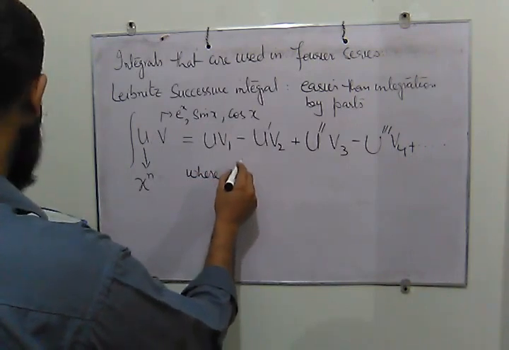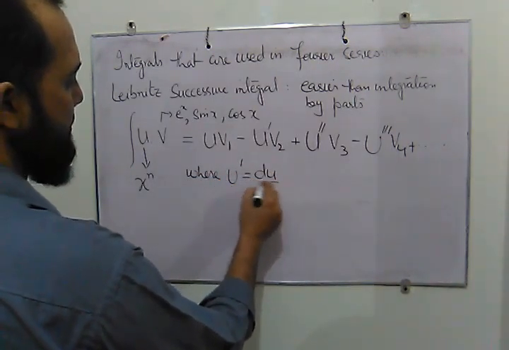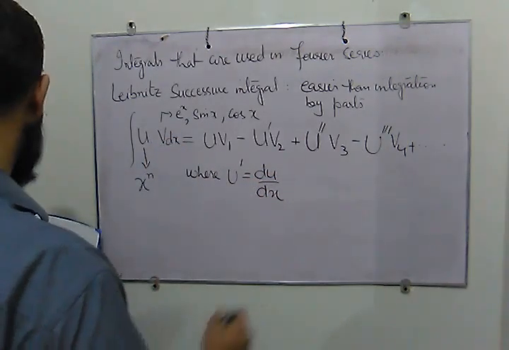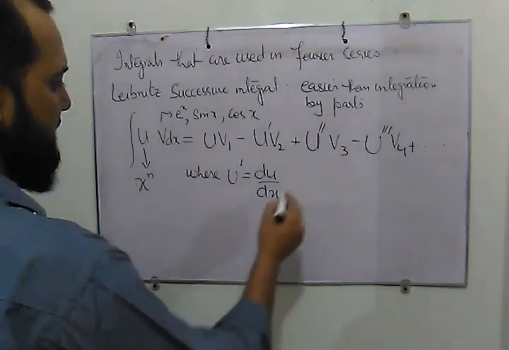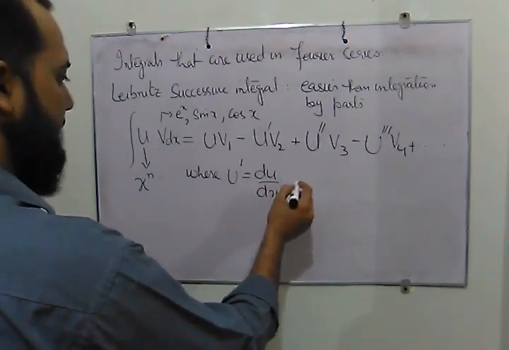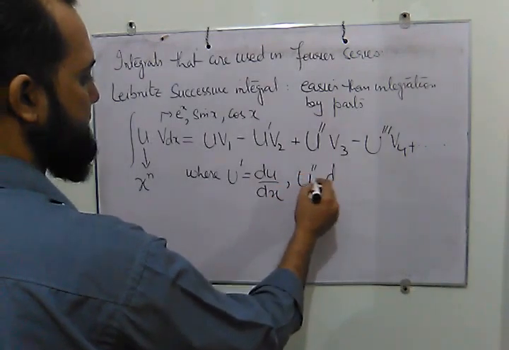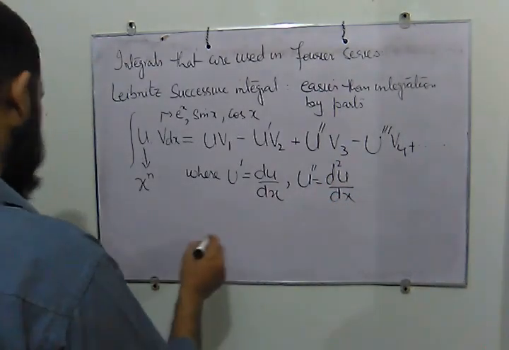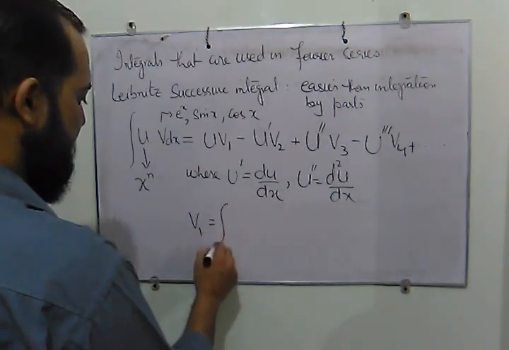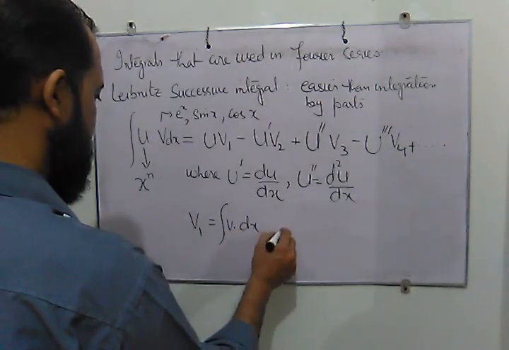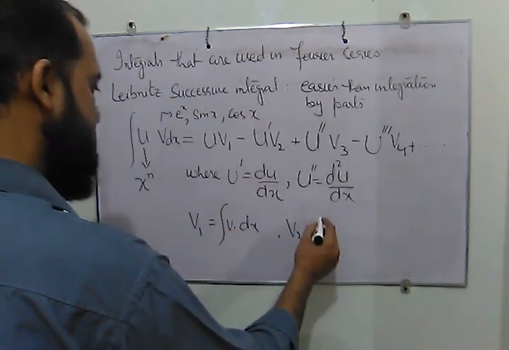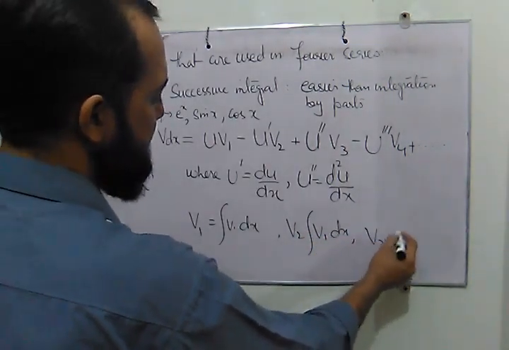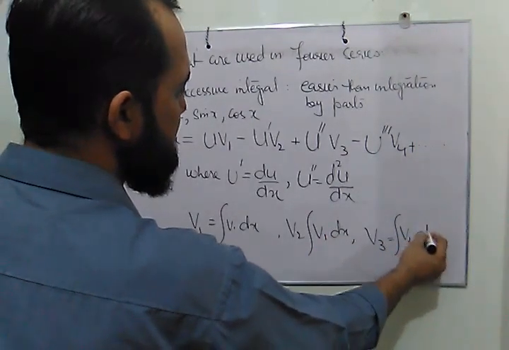where u dash is du upon dx. For example, if we are integrating with respect to x, because we have the variable x here, u double prime is the second derivative, u triple prime is the third derivative, and v1 is the integral of v dx, v2 is the integral of v1 dx, similarly v3 is the integral of v2 dx.